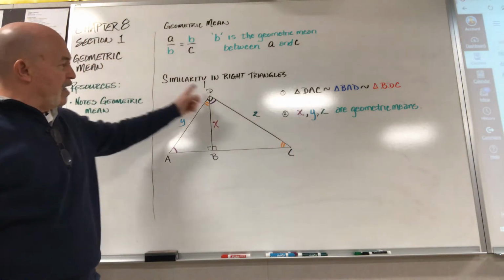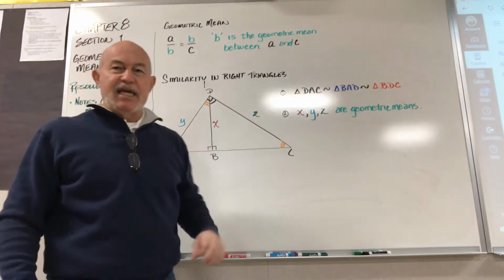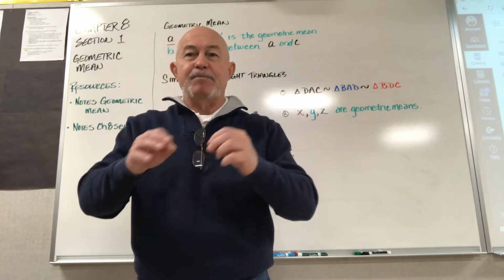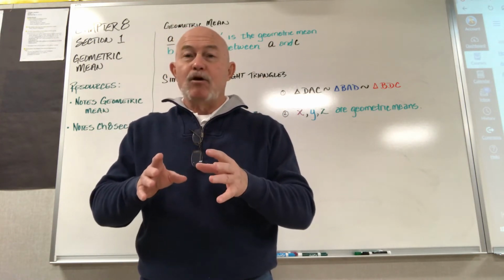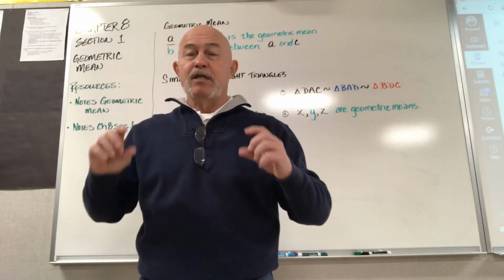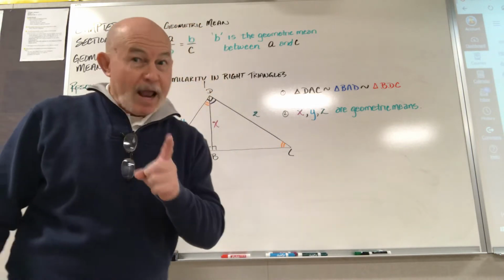So triangle ADC. I know that A and C have to be complementary. They have to add up to 90 because we've already got the right angle. And in any triangle, we have 180 degrees. So if the right angle is taken out, the other 2 have to add up to 90. Okay? For every right triangle.